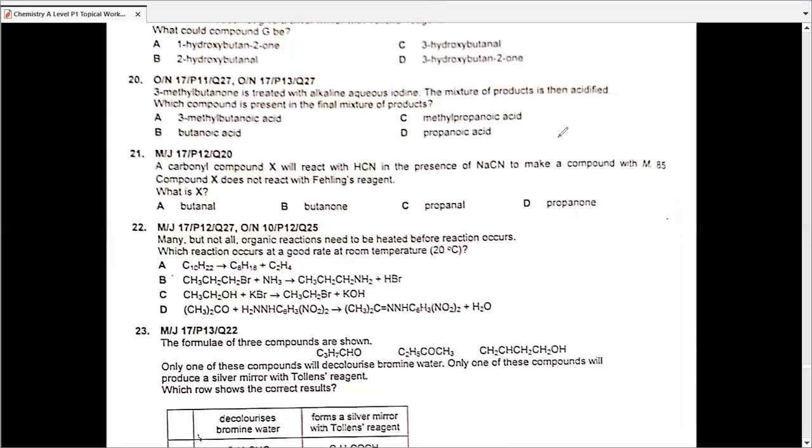Which compound is present in the final mixture of products? 3-methyl butanoic acid, methyl propanoic acid, and butanoic acid. Okay, so that's 3.